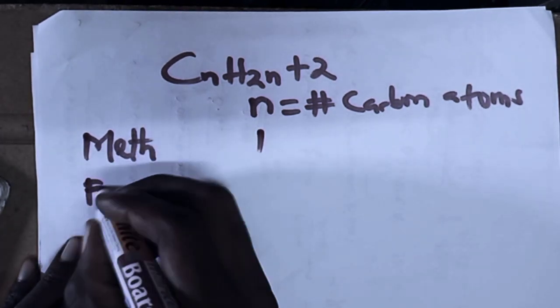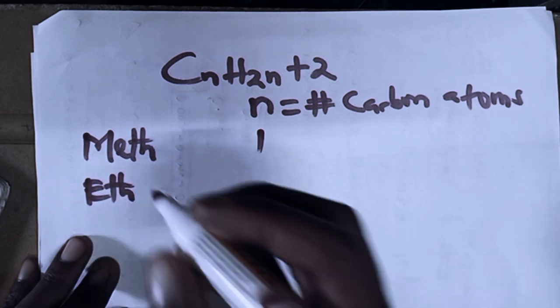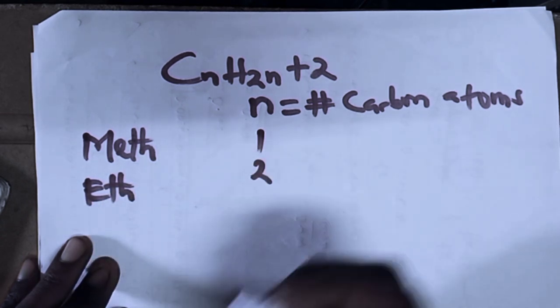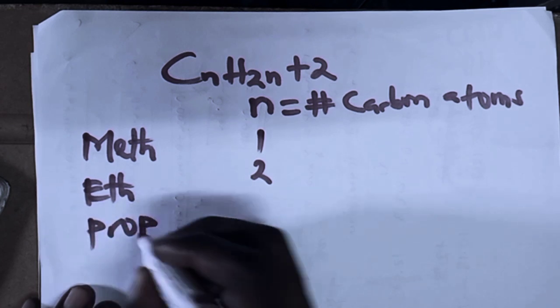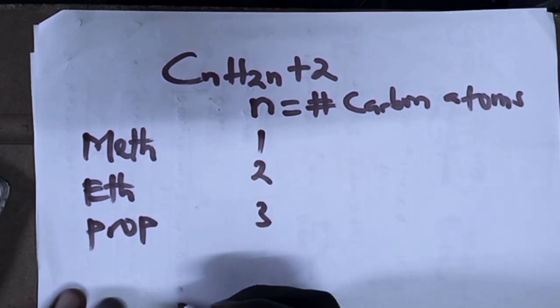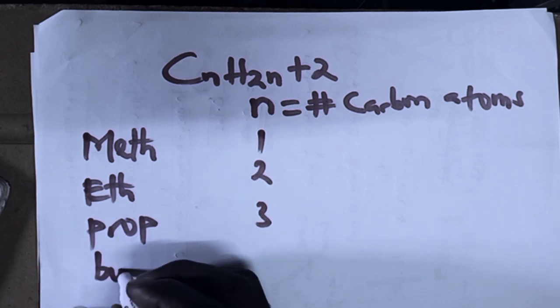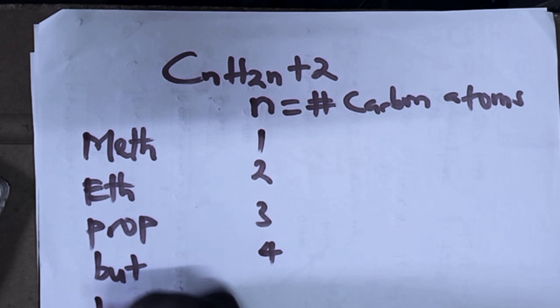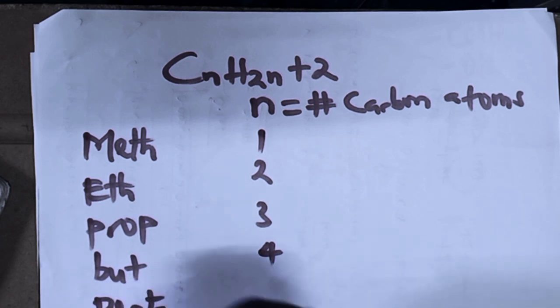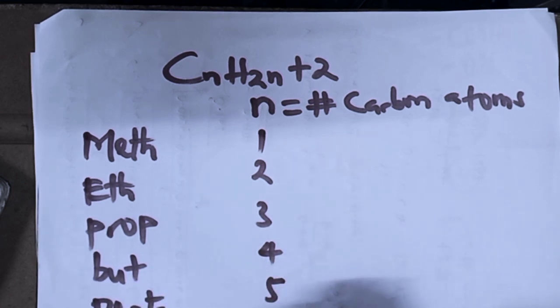Eth is 2 carbons. Prop, 3 carbons. But, 4 carbons. Pent, 5 carbons.